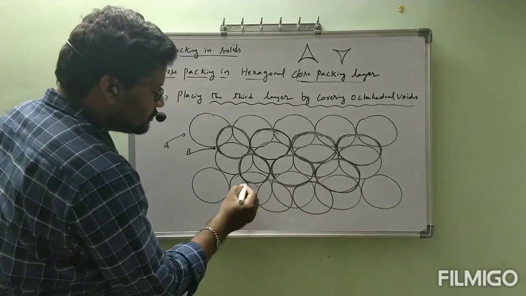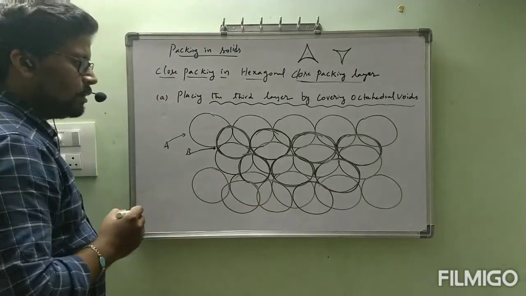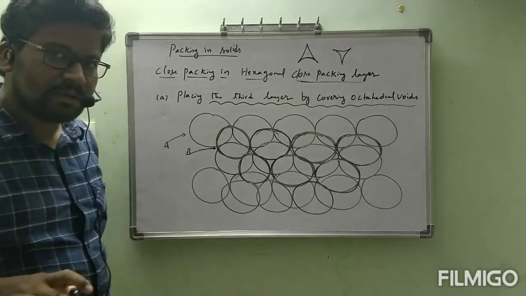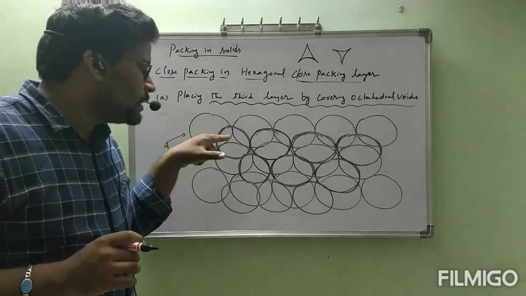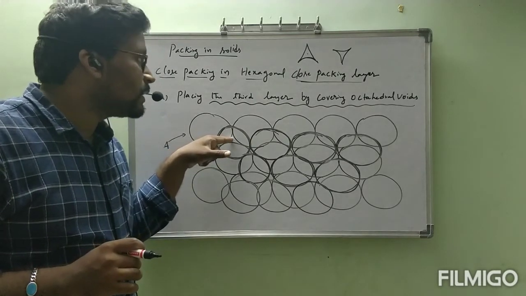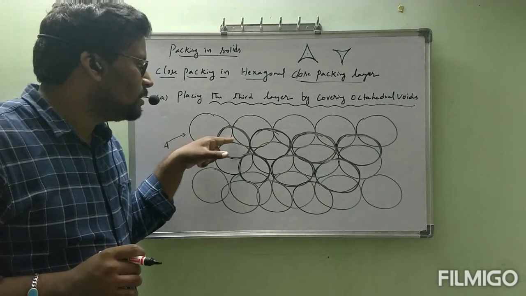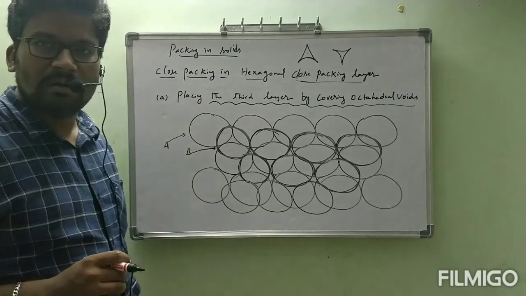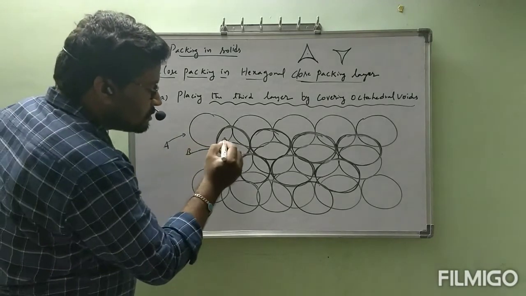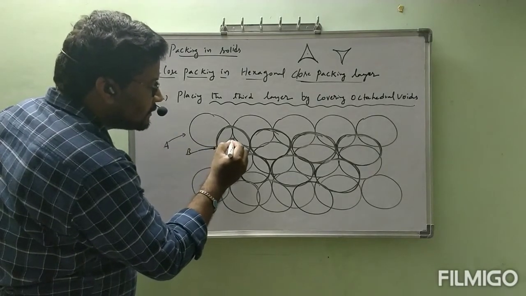Like this it will be continued now. The second layer, B layer, is also hexagonal close packed layer only, but those particles are indulged into the gap which is present with triangular shape void, which is present with vertex point above. Okay, those voids are called tetrahedral voids.